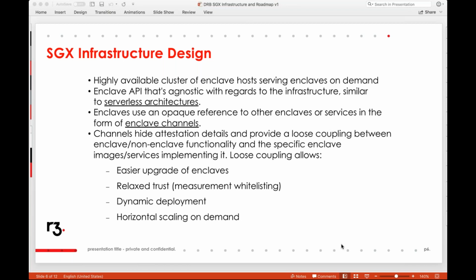The whitelisting public key will be burned into the enclave. So when you do enclave to enclave attestation, the enclave needs to know what to check for. So we need to burn that in. So it needs to be a network-wide entity. R3 would be one of these, or an auditor might be one of these. We were also thinking that if, for example, R3 would be the whitelisting entity, then R3 could whitelist malicious enclaves.